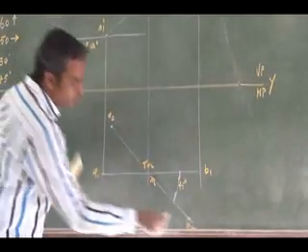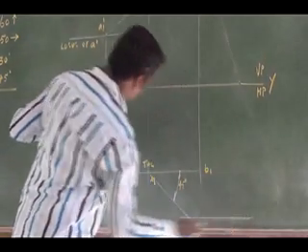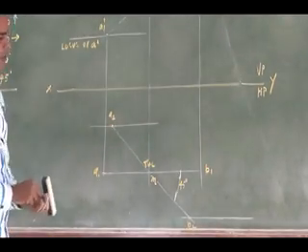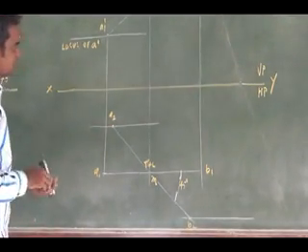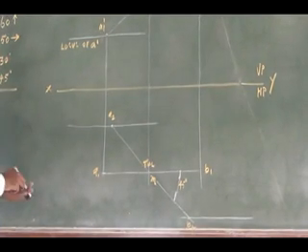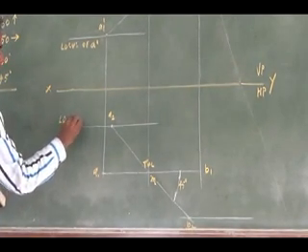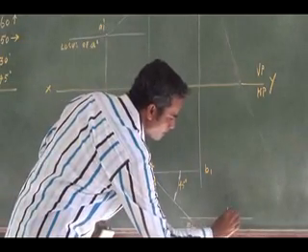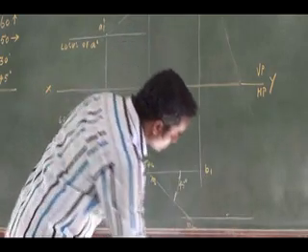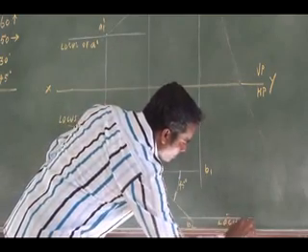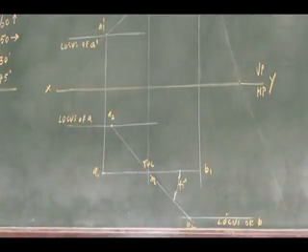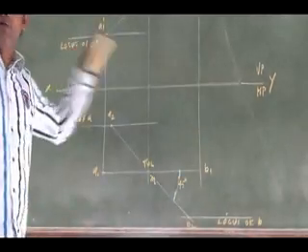Right. So I will have two locus here. This is my locus of A. This is my locus of B. Right. So how I have to project this to get the front view length. Where I have to project and where I have to get the front view length?